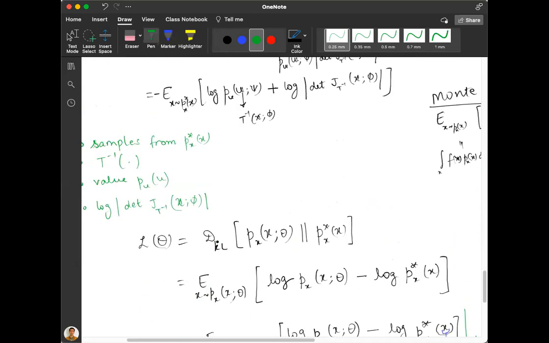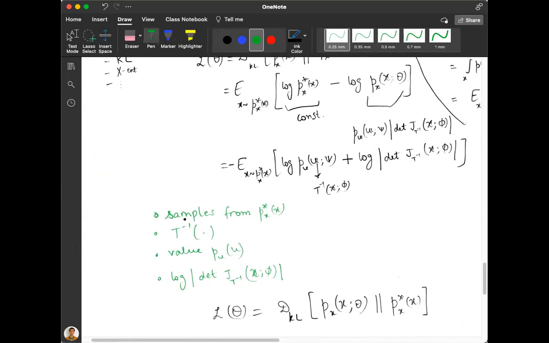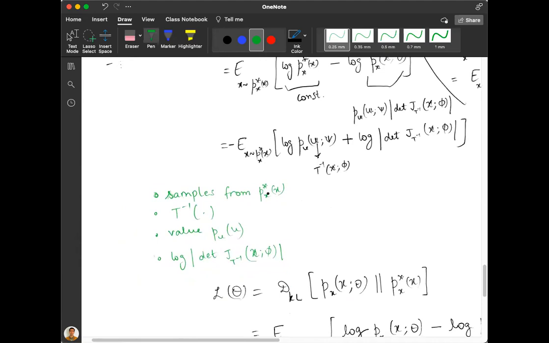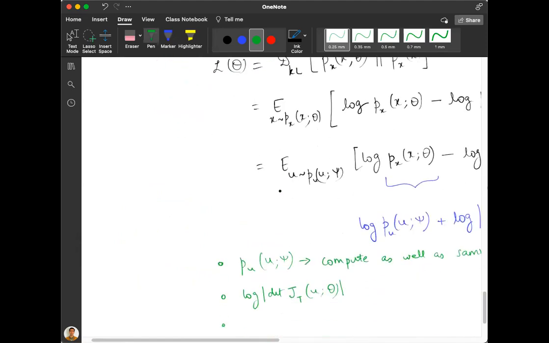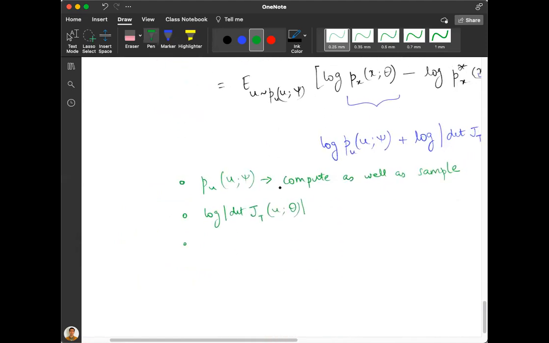Like earlier, if you have, let's say, 100 images, then you cannot do it more than 100 times. You can do multiple epochs, but within an epoch you will have only 100 images. But here there is no limitation. You can generate as many samples as you want.